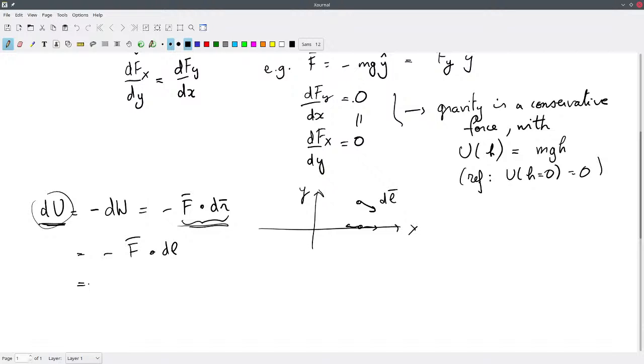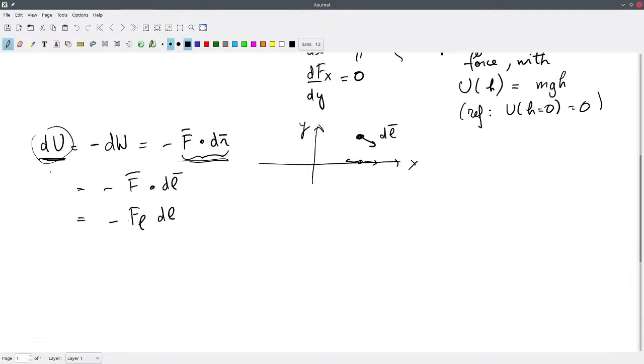This is actually the L component of dl, right? If there is a force here, the force dotted with the vector dl is going to give us in magnitude the component of the force along that L direction times dl.